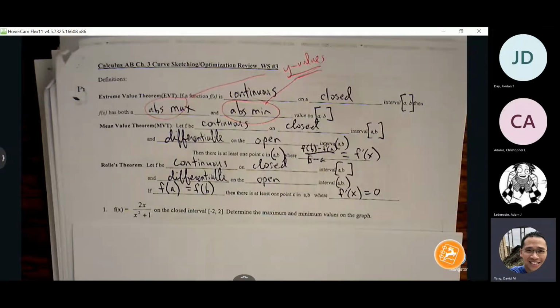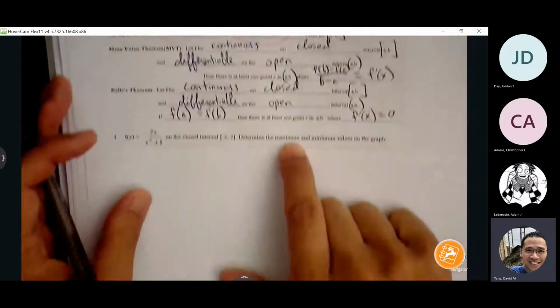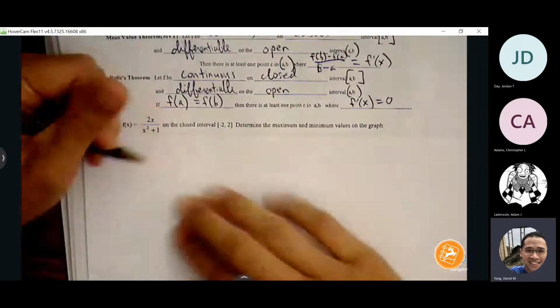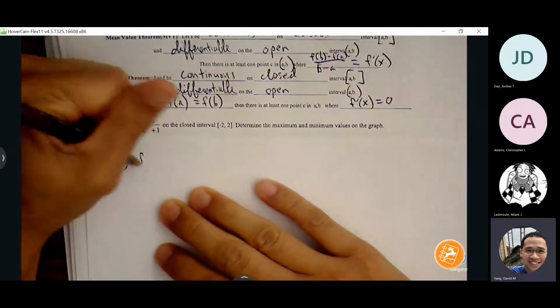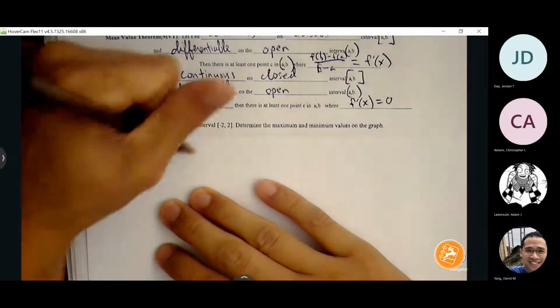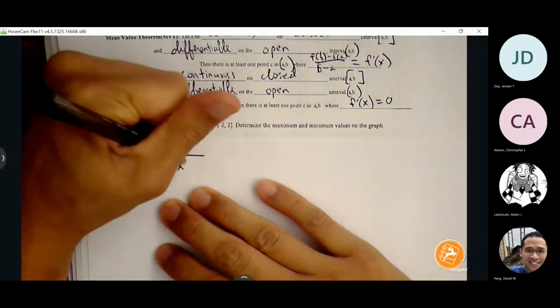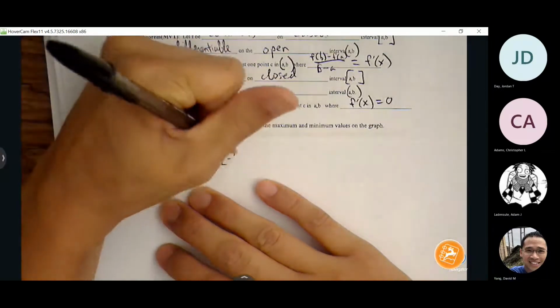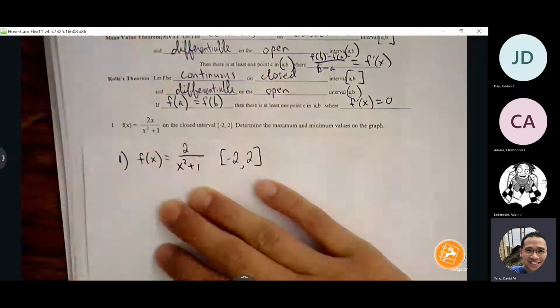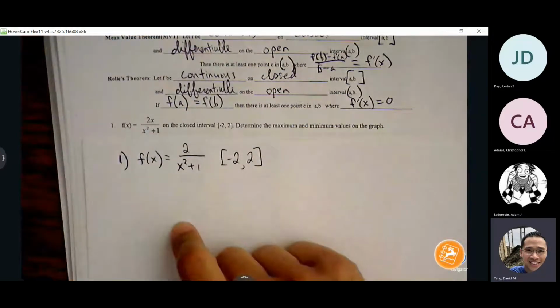We have f of x given by this function here on the closed interval from -2 to 2. Determine the max and min values. So this is applying extreme value theorem. The only condition extreme value theorem needs is continuity.